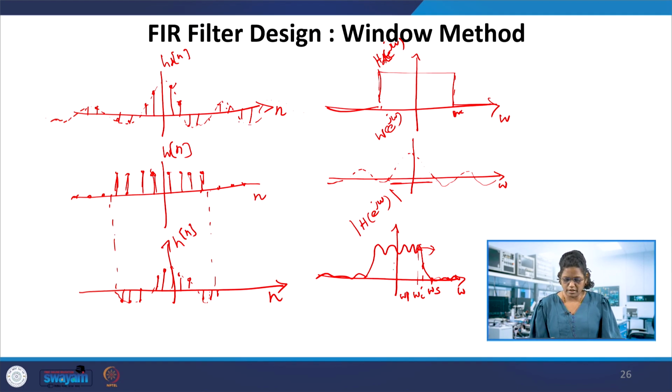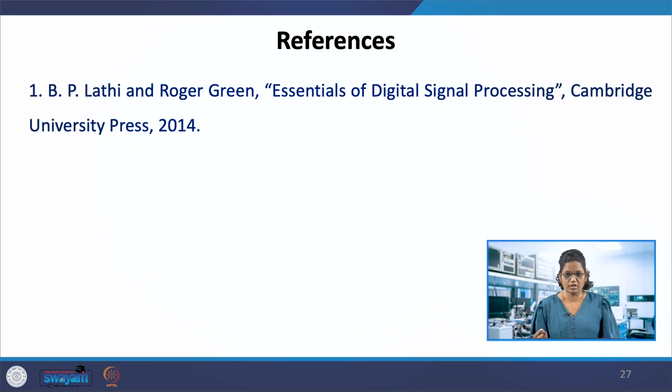We will study the magnitude characteristics and the design, and once we get the coefficients, how they can be used in a Verilog module to develop the FIR filter, and how they can be used in simulators that can design these filters for you, will also be given in the next lecture. Thank you.